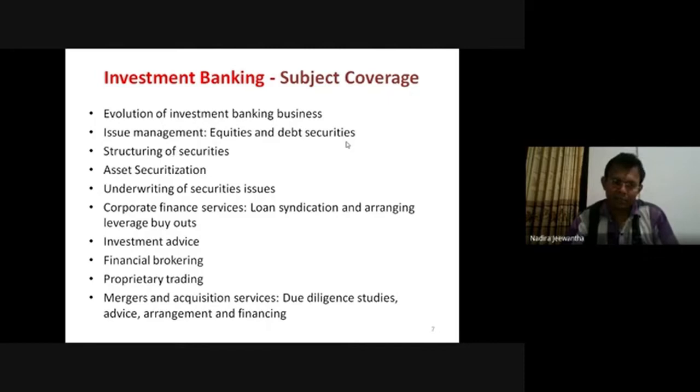Internal methods include pricing in local currency and leading and lagging. External methods, of course, include the forward exchange contract, which is the most popular. Then you have options, futures, and swaps, all those things.